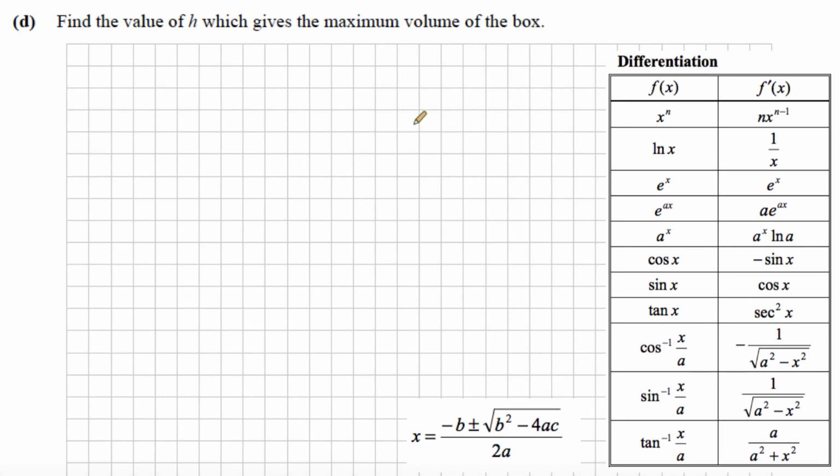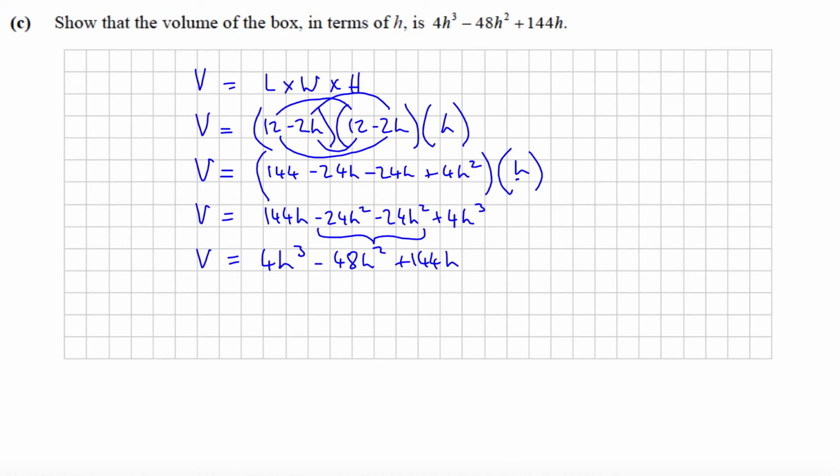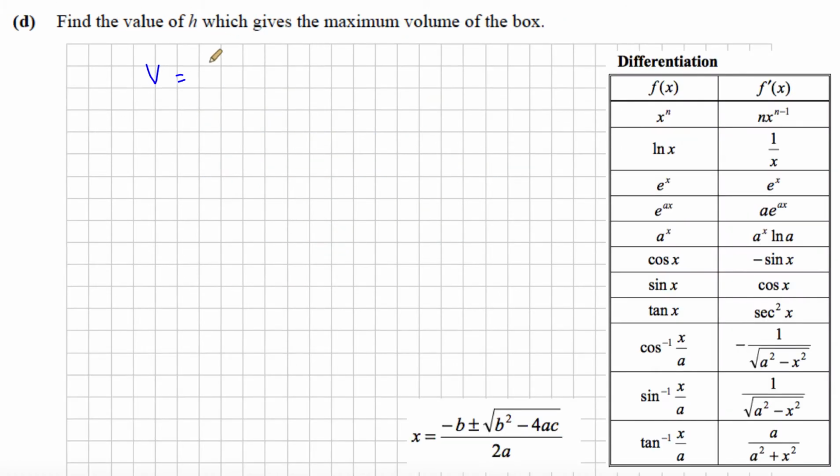Part D says, find the value of h which gives the maximum volume of the box. Okay, now what we can do here is, if I just write the volume of the box again, which is 4h cubed minus 48h squared plus 144h.